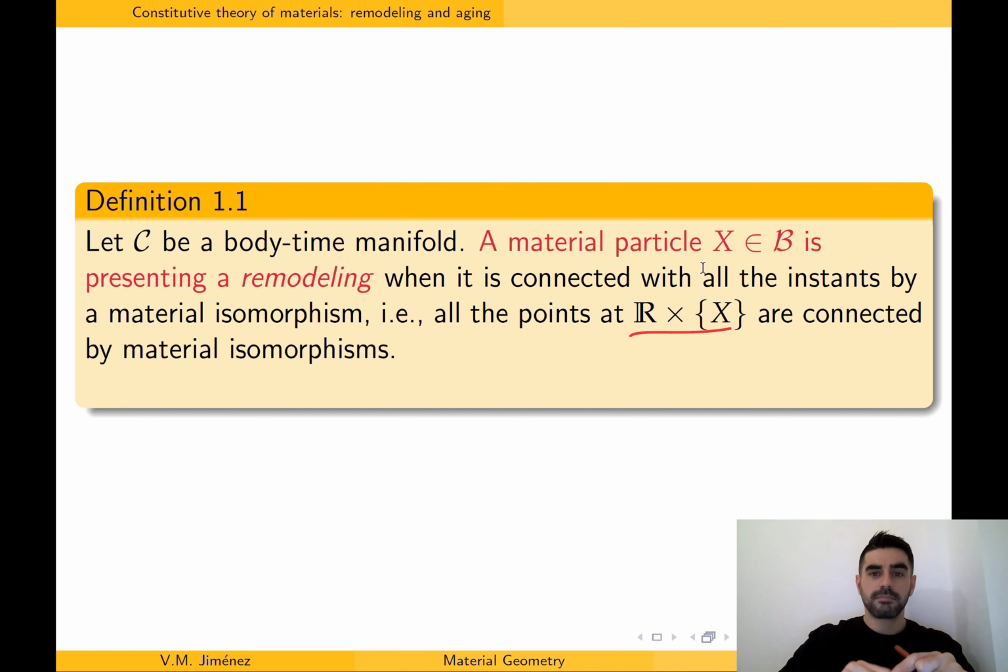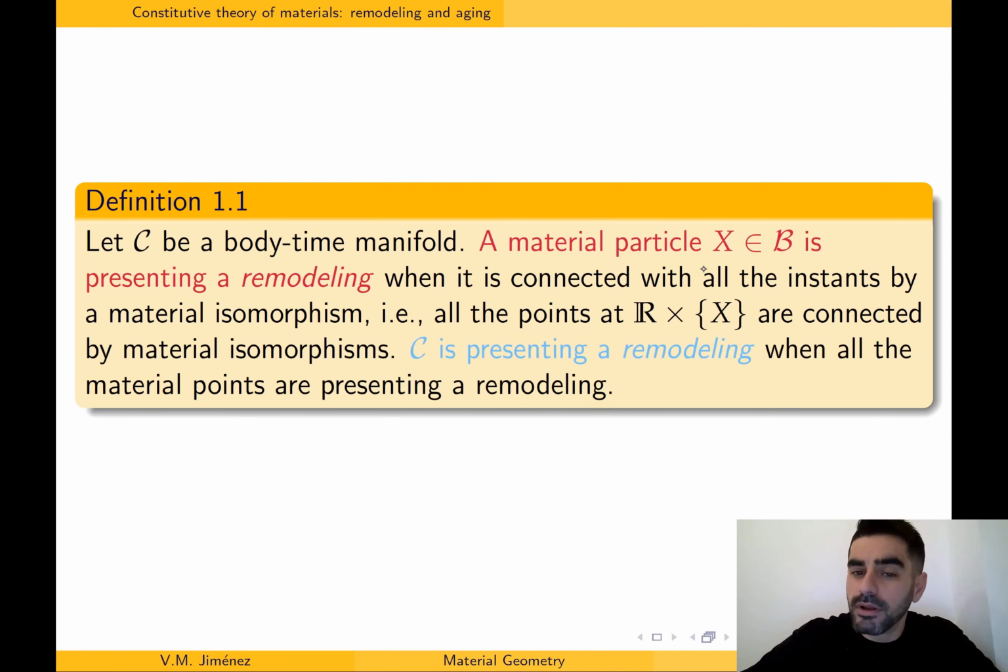So the point is evolving, but the intrinsic properties are not changing in time. So all the points are connected by a material isomorphism. And we will say that the whole body is presenting a remodeling when all the material points are presenting a remodeling, or equivalently, the intrinsic properties of the whole body haven't changed in time.